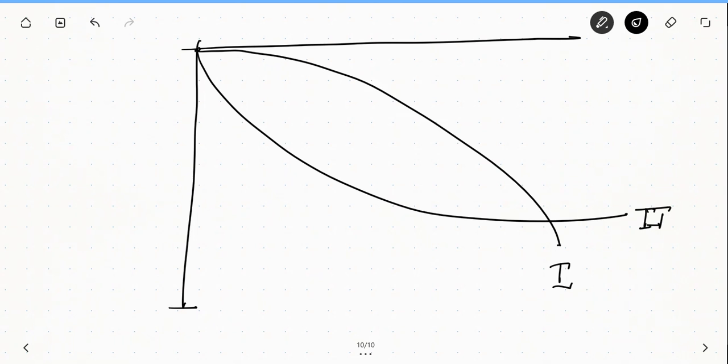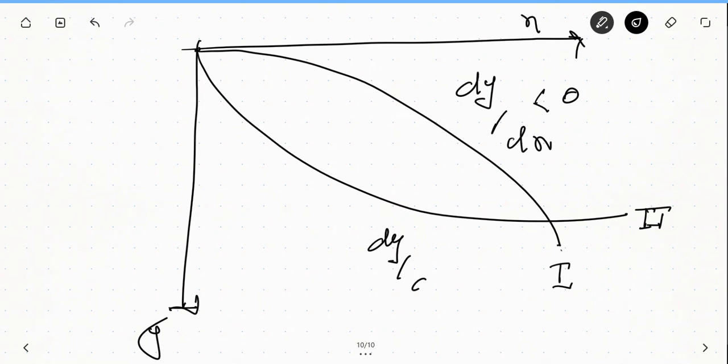Now you can all tell me that since both curves are decreasing, the first derivative dy by dx, which is the slope equation, must be less than 0 in both cases. And look, this is a concave down case.